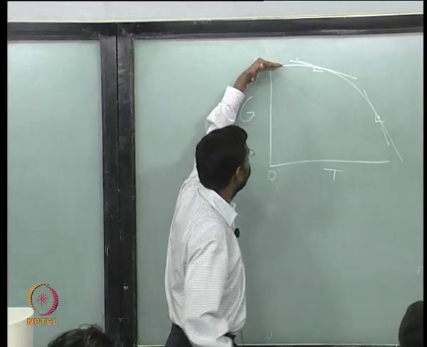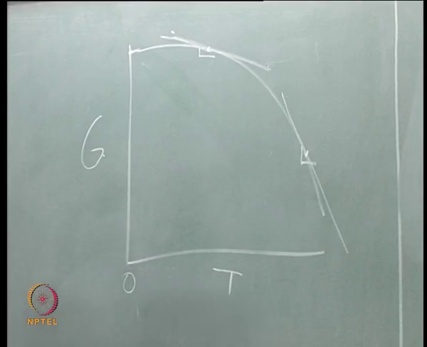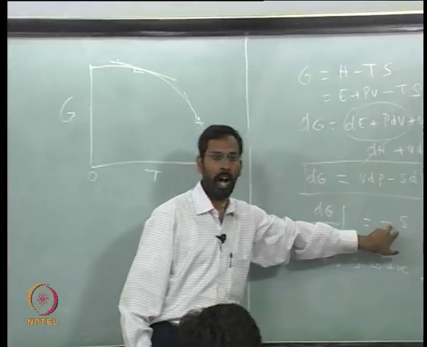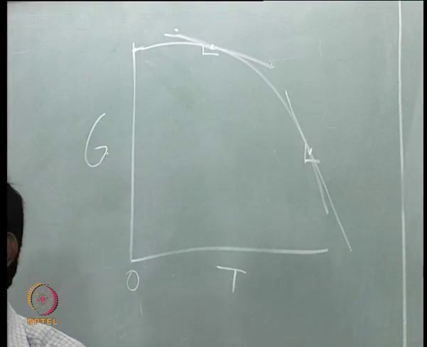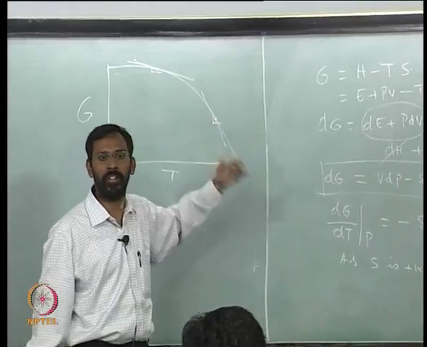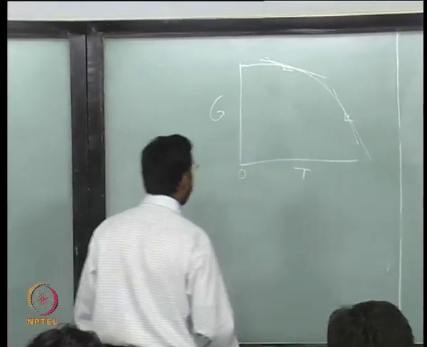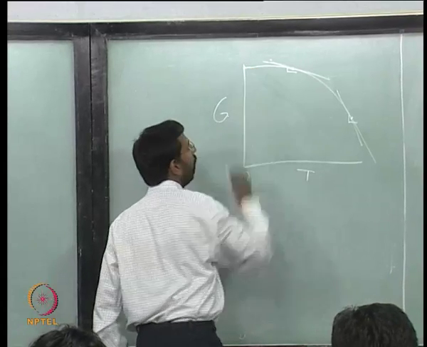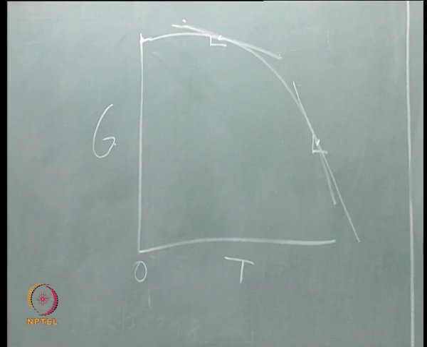This is the temperature where the slope goes to 0. At any other temperature the slope is negative. So that is what you see, this is negative, and the absolute value of the slope is the entropy, and because it is higher at higher temperatures, you will see this is the typical nature.